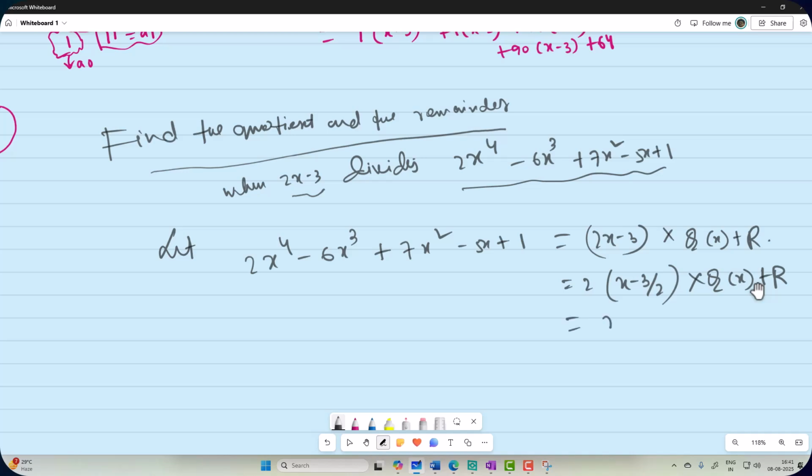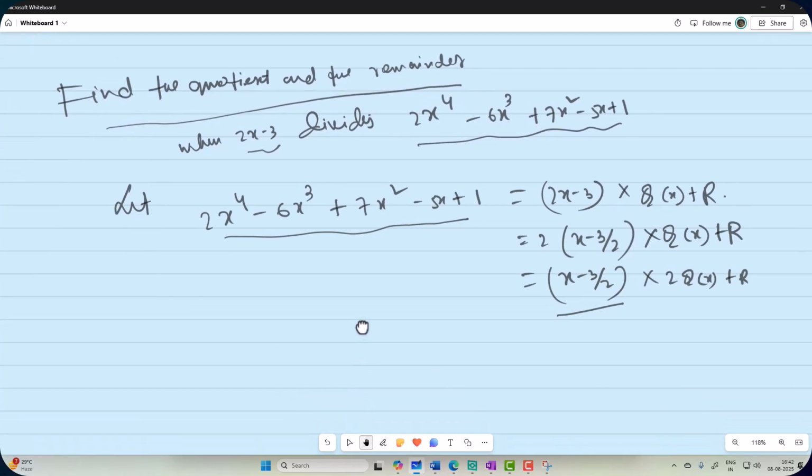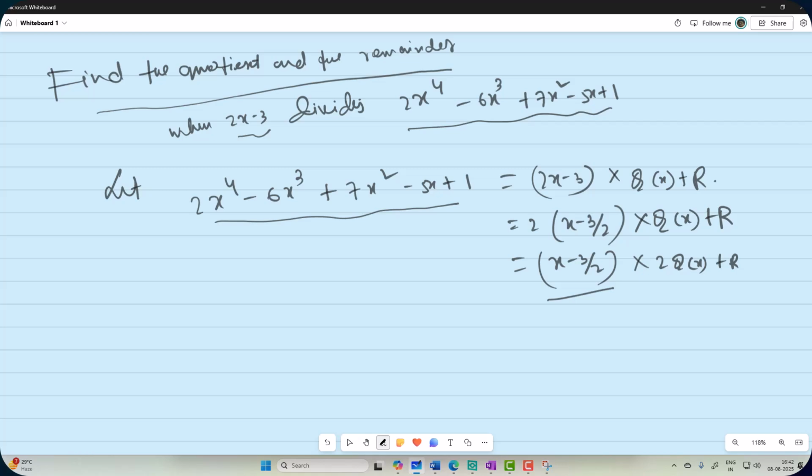Or you can write (x minus 3/2) into 2q(x) plus r. Okay? Now 2q(x) is a polynomial and you are obviously going to divide this polynomial by x minus 3/2. What is the process? That I told you. What you have to do there? You write all the coefficients of this polynomial in a row: 2, minus 6, 7, minus 5, 1.